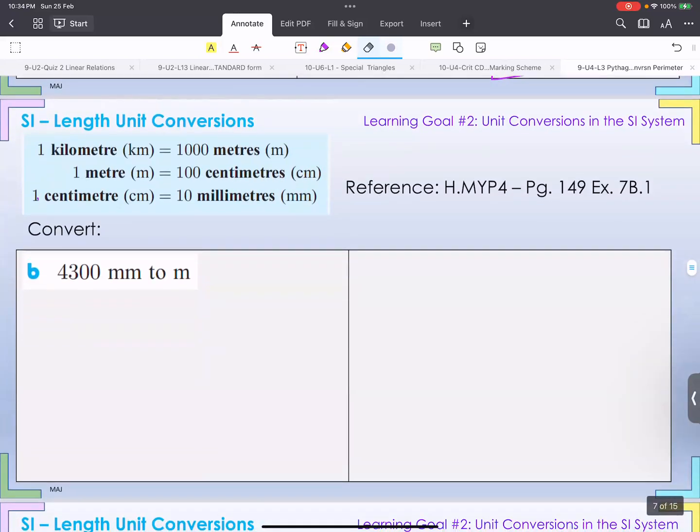Try this out. You can freeze the screen and try this out on your own. So millimeters to meters. 10 millimeters is 1 centimeter. And 100 centimeters, my bad, 100 centimeters is 1 meter.